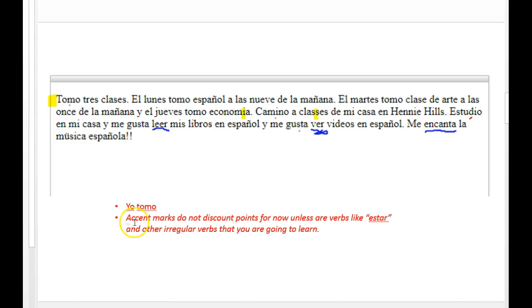Okay? I put over here accent marks do not discount points for now. So in these 2 chapters, I didn't discount points for accent marks. But verbo gustar, verbo estar, it requires accent mark, and if you don't put it, then this is a point that I discount, because verbs, if they have an accent mark, you always have to put it.